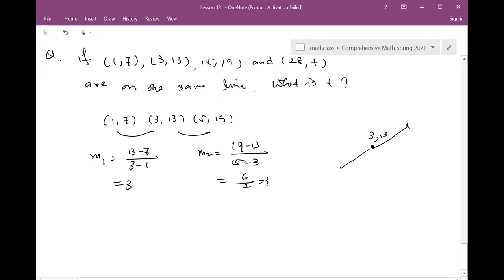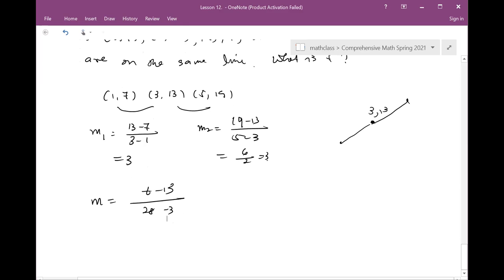Now since 28 and t is another point, right? You can also calculate the slope using the point in the middle. t minus 13 over 28 minus 3, right? So that should be equal to 3.